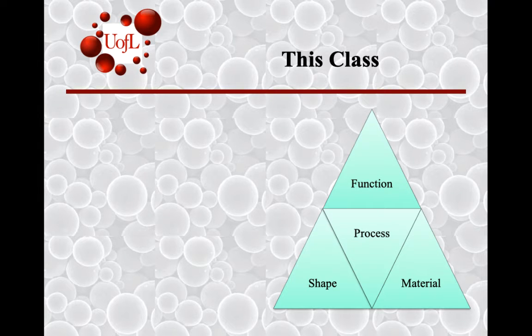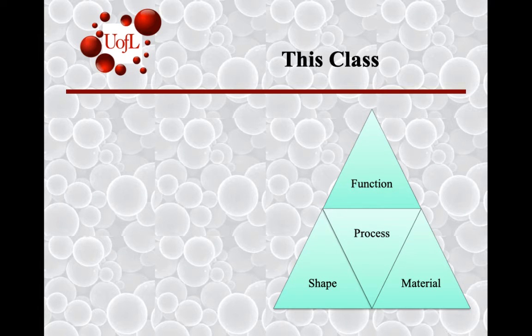So in this class we will look at the central role that processes and the selection of processes play as we deal with the other three corners of this overall triangle: function, material, and shape. The key thing to address is that there are certain shapes that can only be made by certain processes.